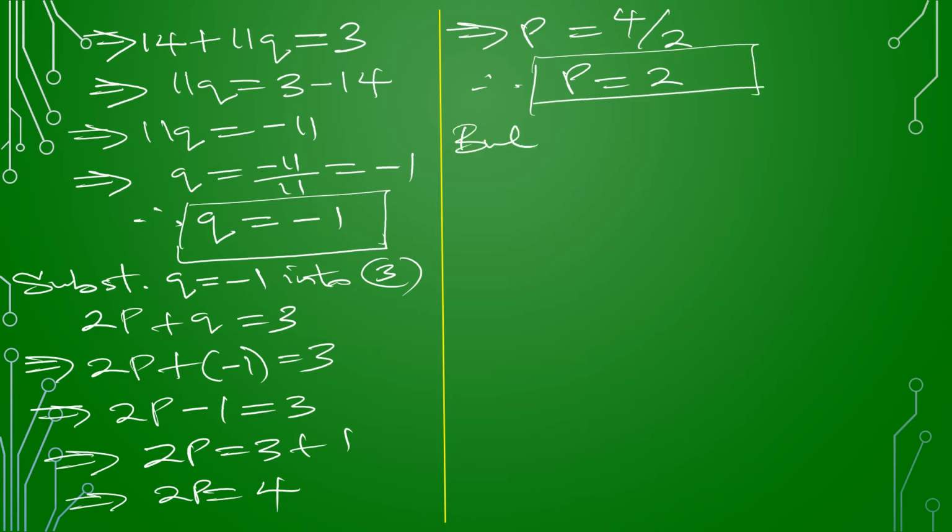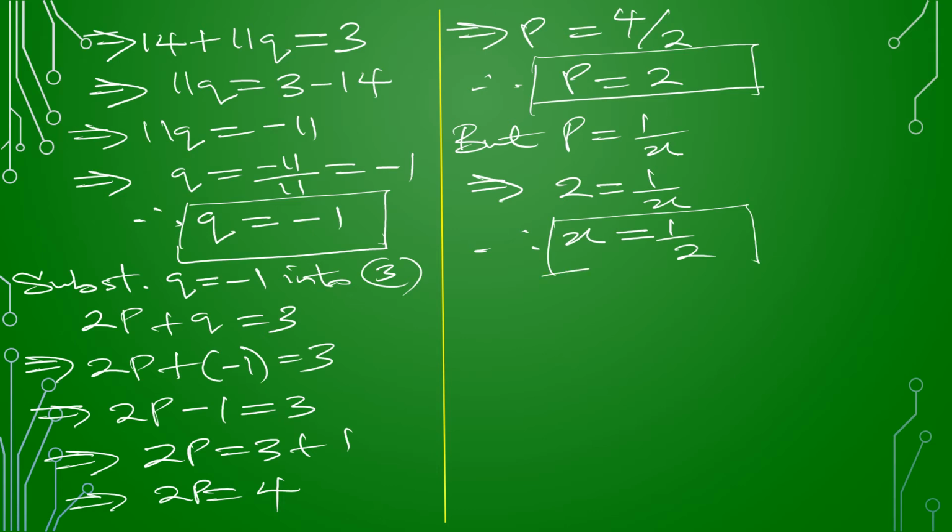But from the statement, we have that P is equal to 1 over X. This implies that 2 is equal to 1 over X. And it simply means, therefore, our X, if you make it the subject of the formula, is equal to 1 over 2.